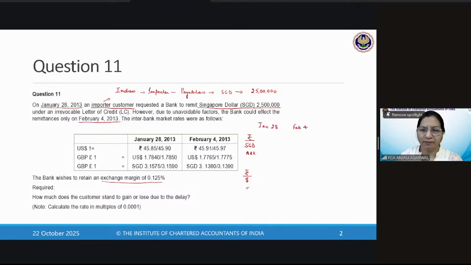So the second rate available is dollar by pound. But we don't have the Singapore dollar as of now in these two rates.